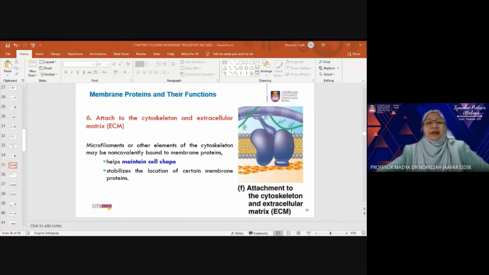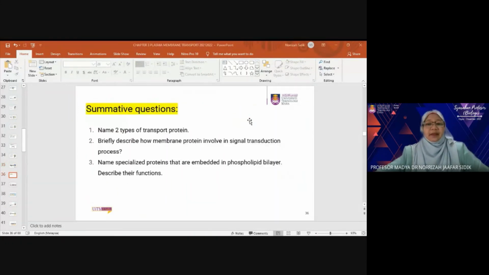So altogether, there are 6 main functions of the membrane proteins. The last slide is the summative questions. The first question is: name 2 types of transport protein.